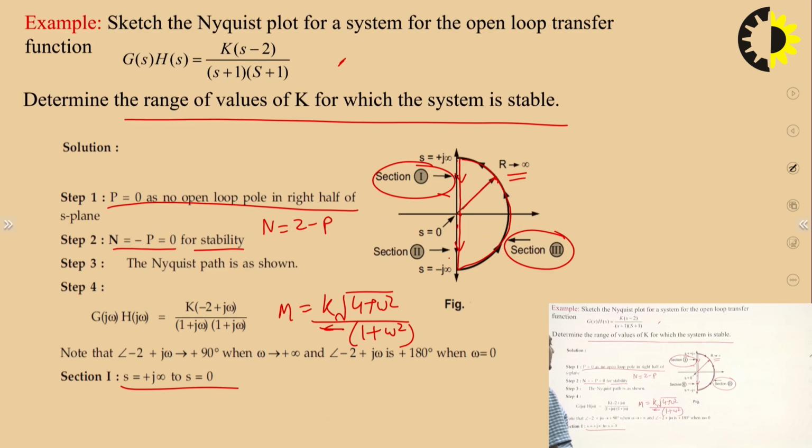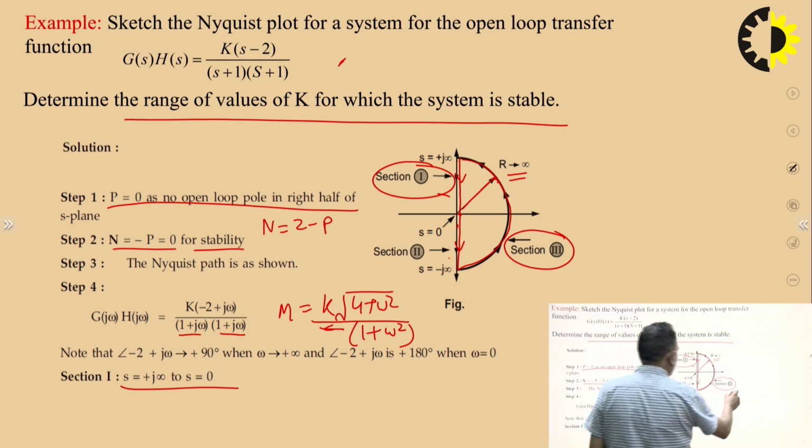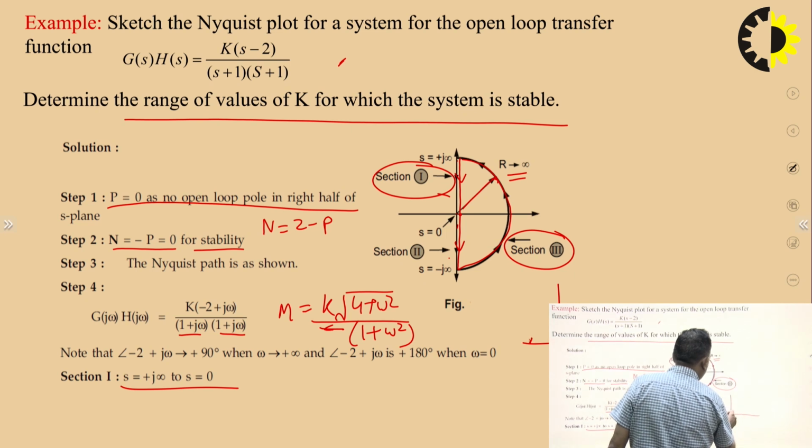And for the angle, in the first case, this angle is 90 degrees, this is 90 degrees, and this is 90 degrees: tan inverse infinity, and tan inverse of minus 2 plus j infinity, which lies in this quadrant somewhere here. When this point tends to infinity, this angle is 90 degrees.